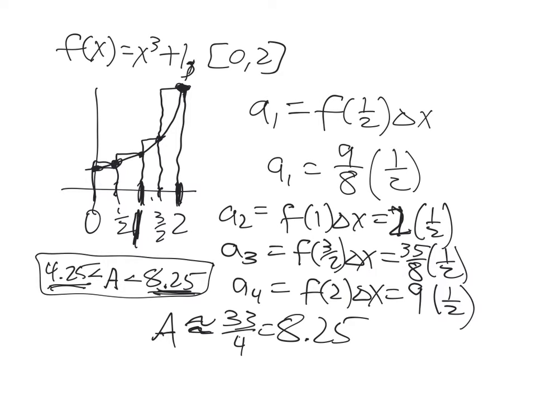So the range narrows in as we use more and more rectangles. Now, I'm not going to go through all of the 8, but just give you an idea what would change if we go to 8 rectangles. What's delta x going to change to? 1/4. We'd still have the length 2 minus 0. 2 is the length of the x interval, and we're splitting that up into 8 parts this time. So 2 divided by 8 would give us the 1/4.